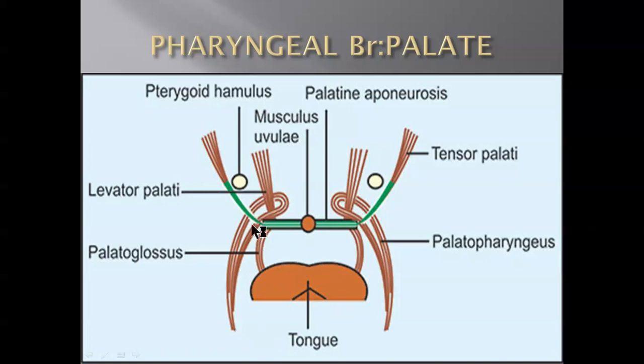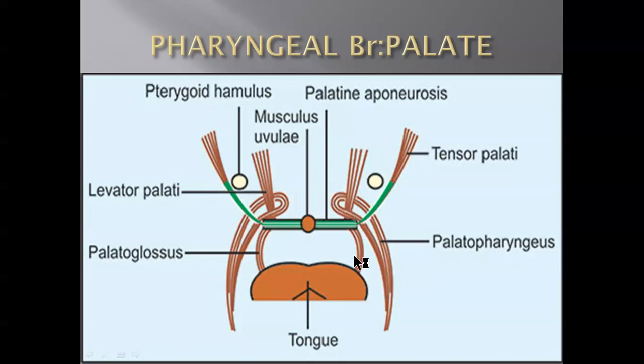So, and then we have the palatopharyngeus muscle. Now the palatopharyngeus muscle helps in the second phase of deglutition, that is swallowing. Then we have the musculus uvulae. This one pulls your uvula upwards, and therefore with any problem to the musculus uvulae, you can see deviation of the uvula to the ipsilateral side.